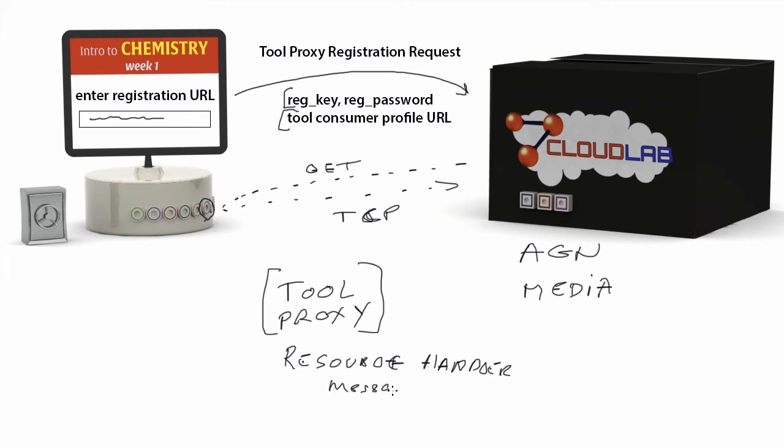And for a given message, it will say, for this message, I need those capabilities to be enabled. So for example, I need to have basic outcome support, because the first one is going to be an assignment resource.